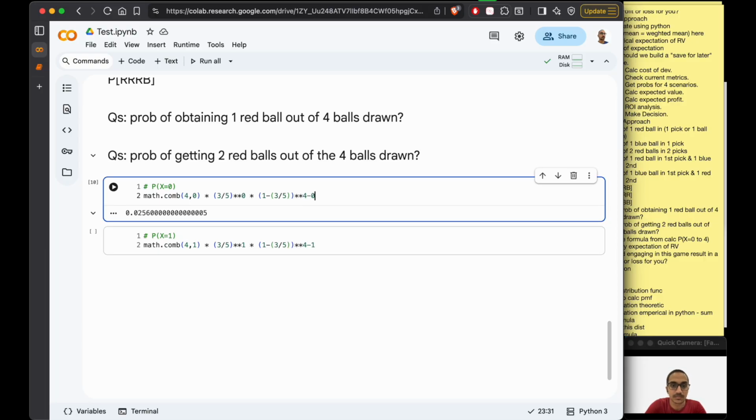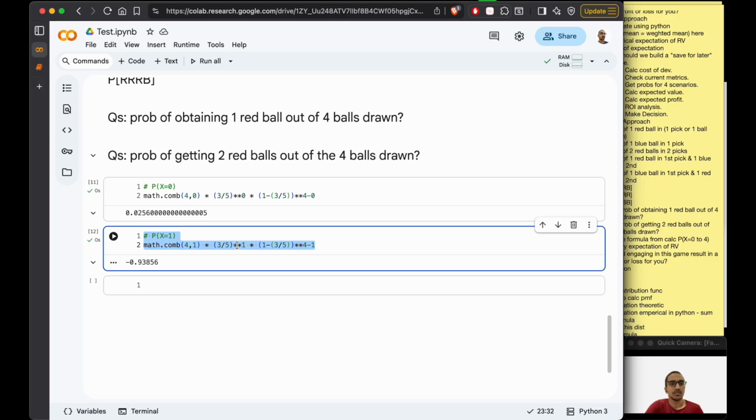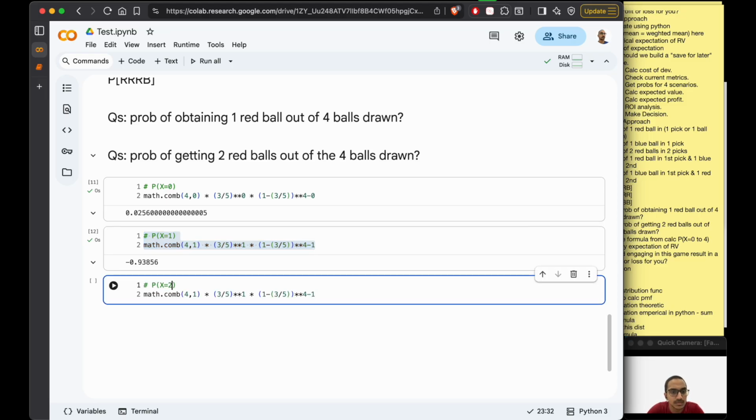Now for 4C1, (3 by 5) power 1 times (1 minus 3 by 5) power 4 minus 1. Here it's 4 minus 0, this is 4 minus 1. Hold on a second, something is wrong. Then 4C2, (3 by 5) squared and (1 minus 3 by 5) power 4 minus 2.